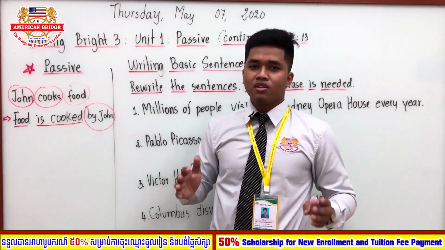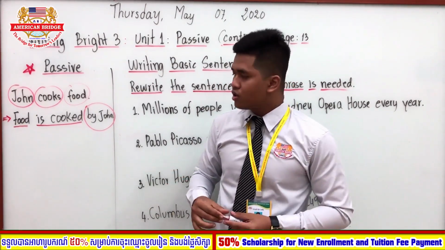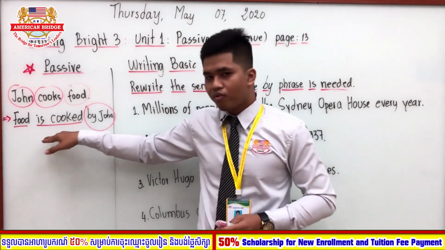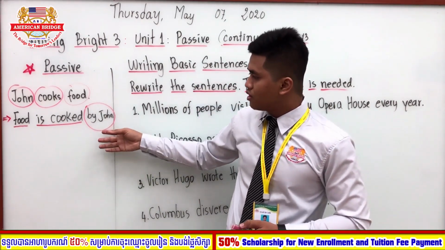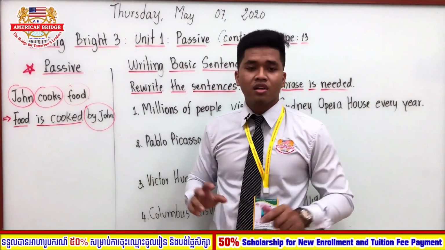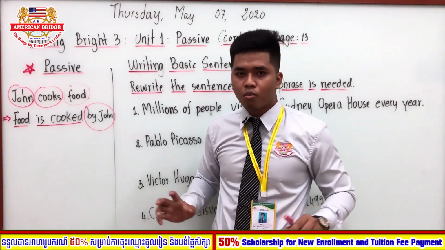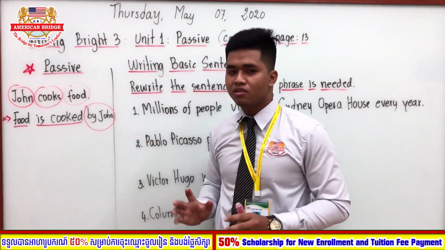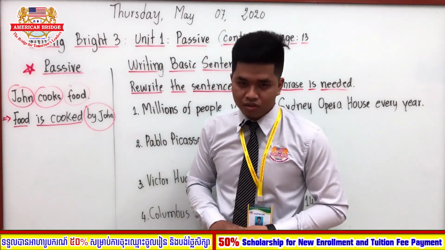So now, for the sake of practice, after you know this form and the agent of the passive sentence, it is the time for all of us to put what we have discussed in today's video into practice.